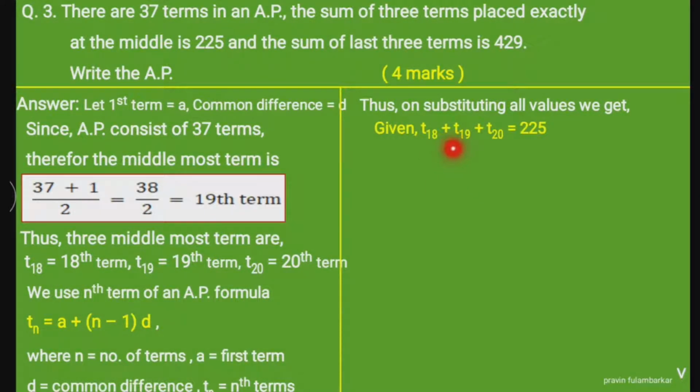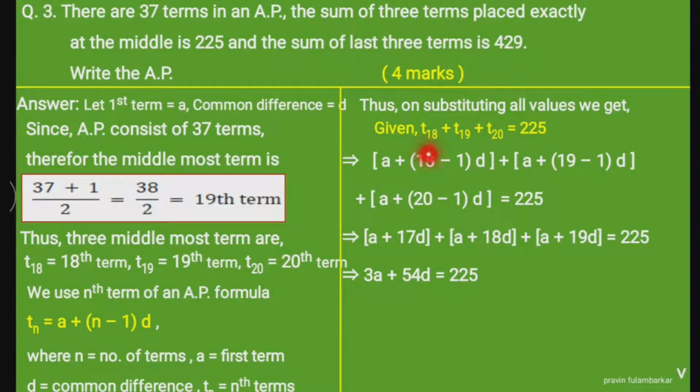Given T18 plus T19 plus T20 equals 225, because in the first condition the sum of the three terms placed exactly at the middle is 225. So we write from the given condition this. We calculate T18 by using the formula Tn equals A plus n minus 1 into D. So we write n as 18: A plus 18 minus 1 into D, which is the value of T18.